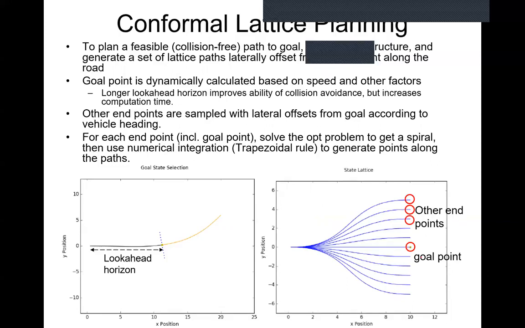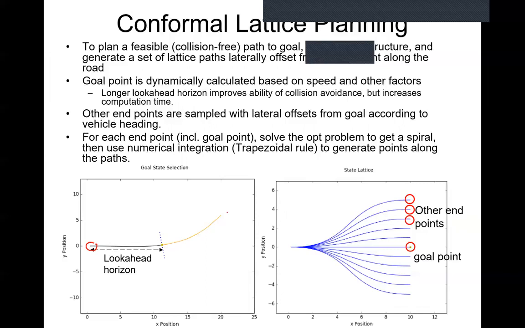Conformance lattice planning is an approach exploiting the spiral approach. Here's the problem. You have a start position. Suppose the vehicle is at this xy position, and you're traveling along this road.